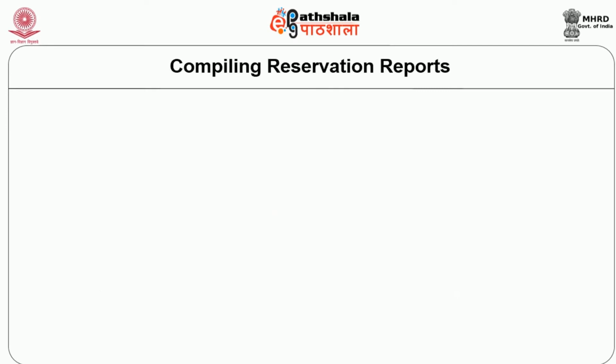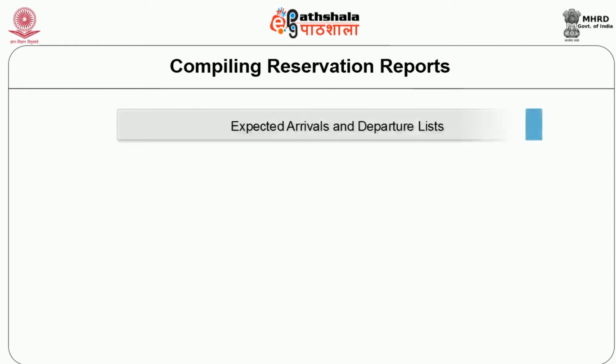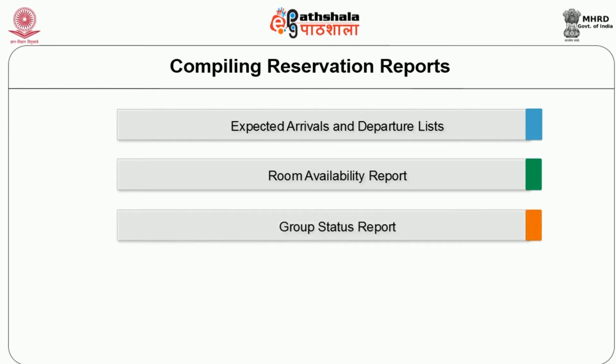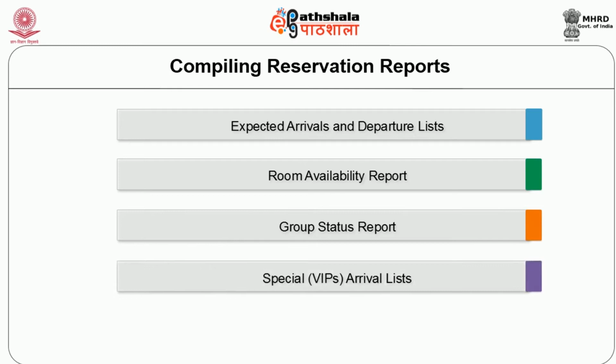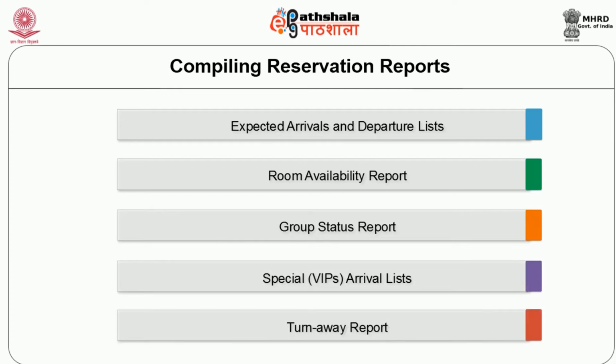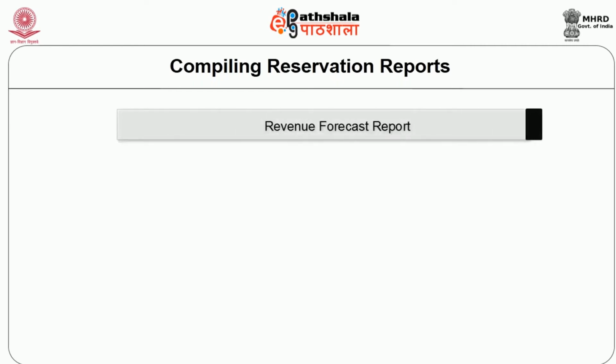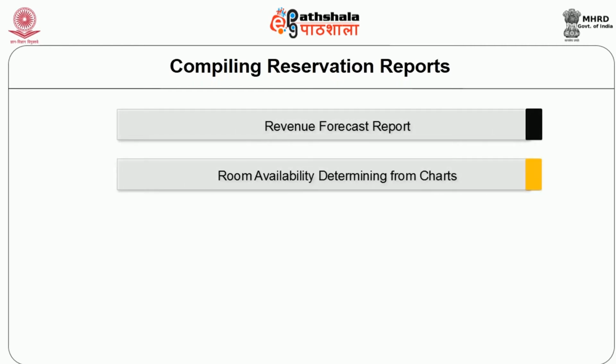So now we'll see the different reports in compiling the reservation part. Compiling reservation reports: first is expected arrivals and departures. For this you need the room availability report, group status report, special arrival list, turn away report, and revenue forecast report.